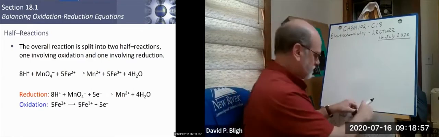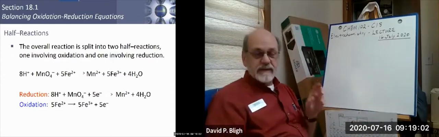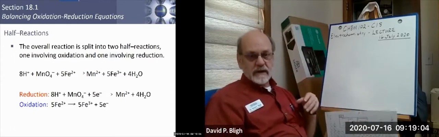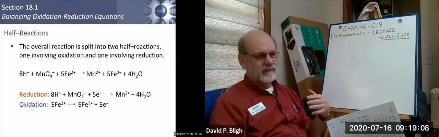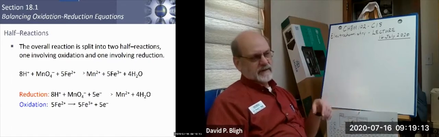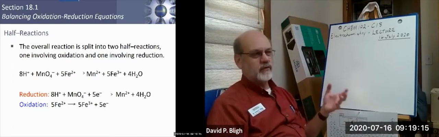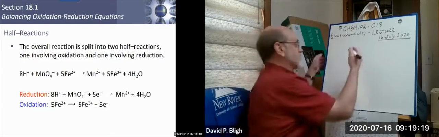So this is the most efficient way to balance, well, best is not the right term. It's all inclusive. The best way to balance a redox reaction is the method of half reactions.